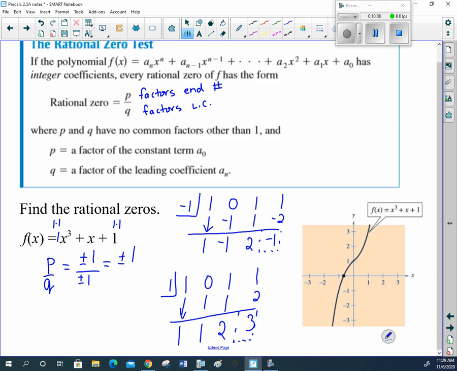If you look right here, here's the graph of it. So pull up your graphing calculators and type that equation in.